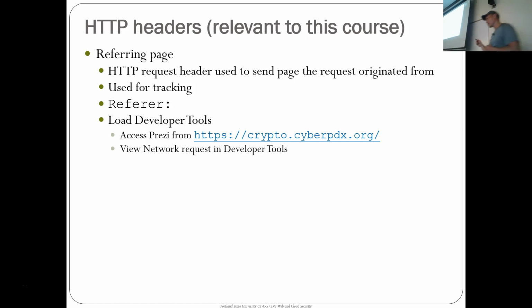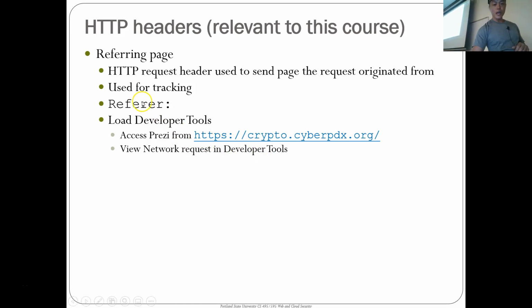When you go to a site that's got a Facebook icon on it for liking the page, you visit CNN.com and it's got that image hosted by Facebook. What Facebook gets is that you have viewed CNN.com, because the referrer header gets sent to it when you retrieve the embedded Facebook icon. That is done with an HTTP request header, the referrer page.